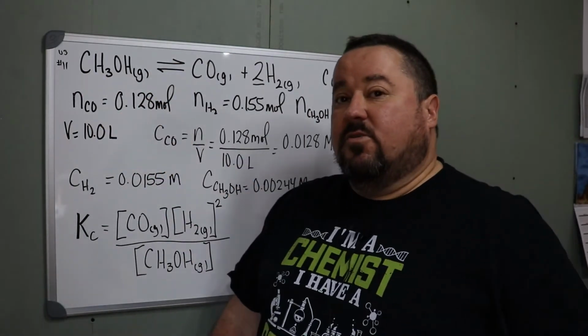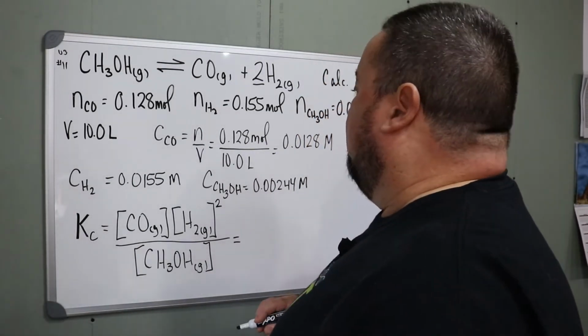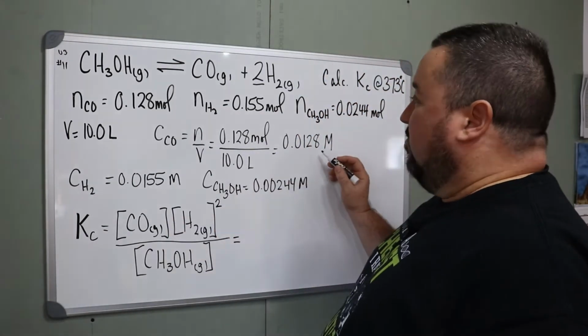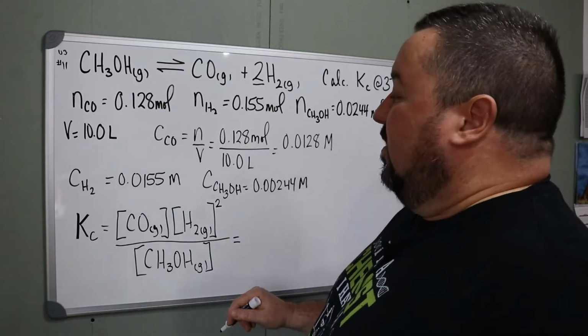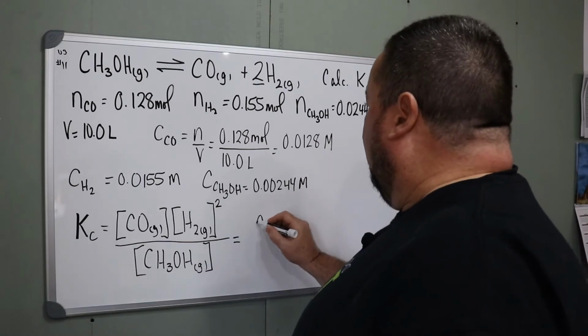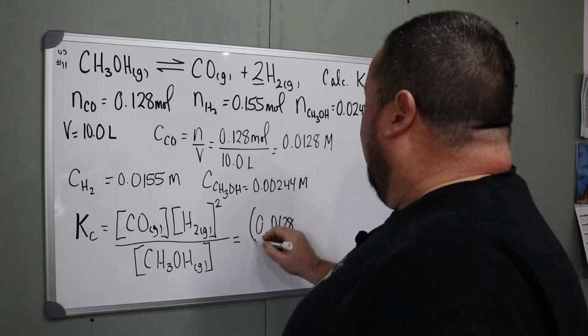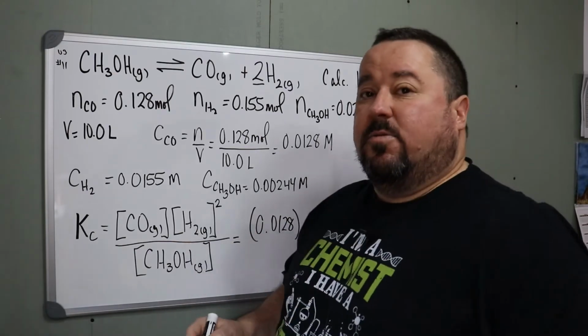So to work out the numerical value for Kc, I put in the concentration values for each of the reactants and products. So the CO would be 0.0128. And this is one of the rare occasions where units don't matter.